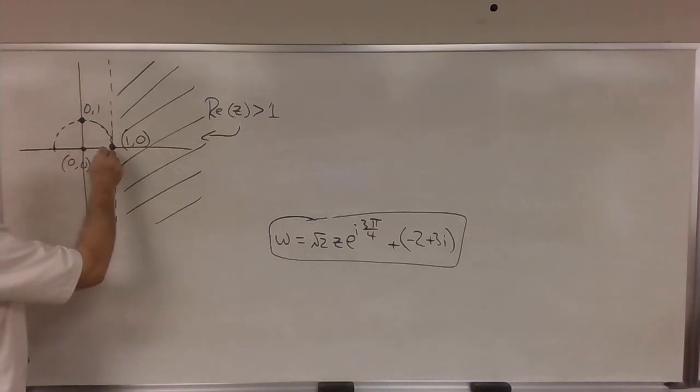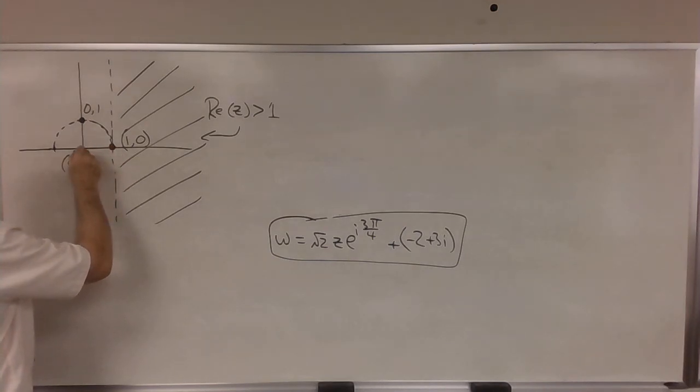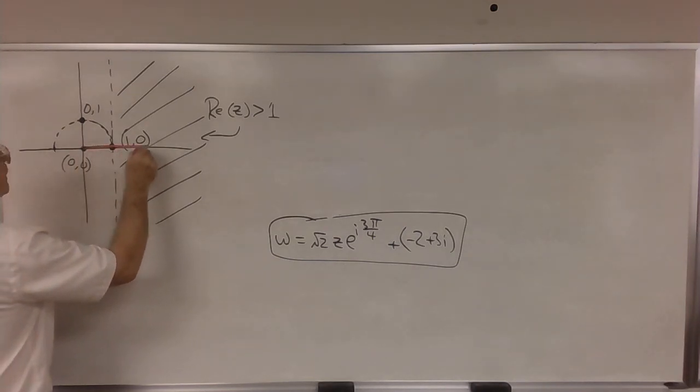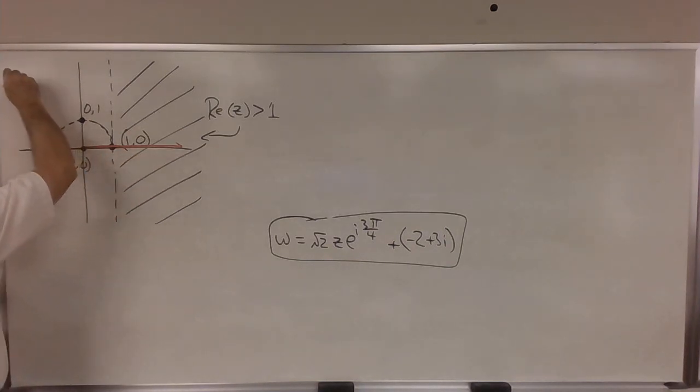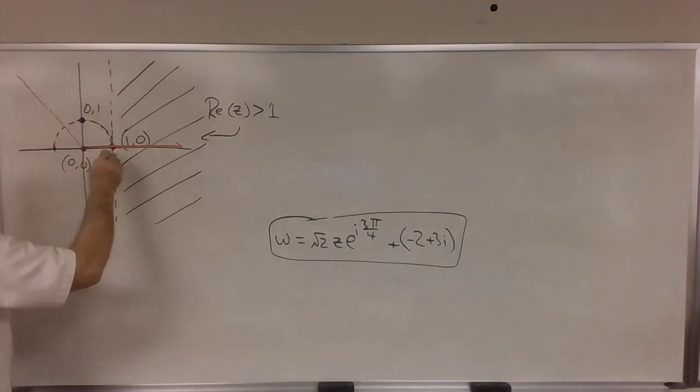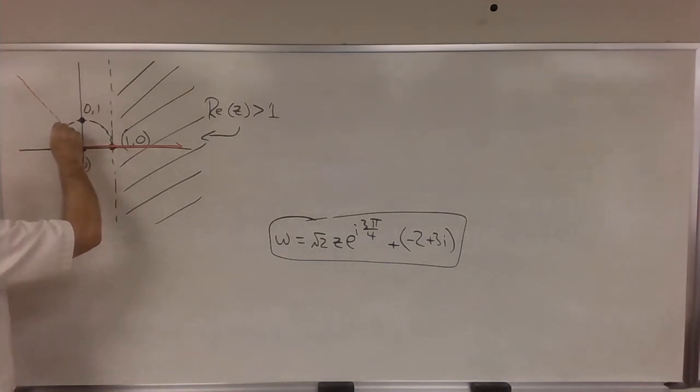But this point and this ray are going to be rotated counterclockwise, an angle of 3 pi over 4, so that this ray should end up here. This point should end up here.